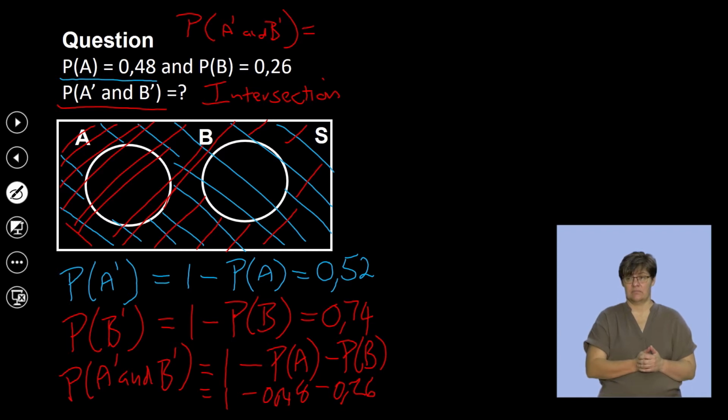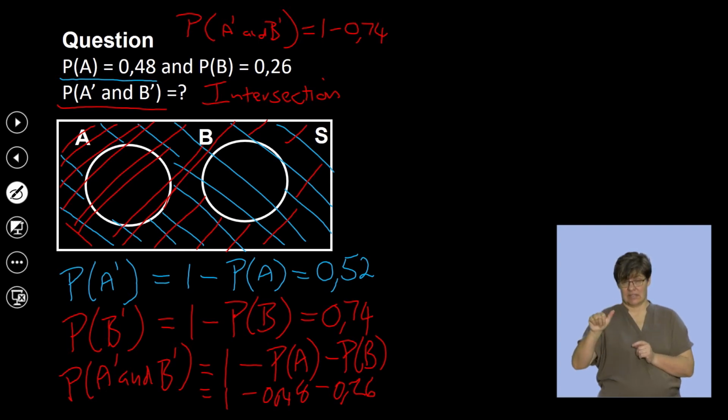And what I'm going to do is say that that is equal to 1 minus a total of 0.74. Okay, that's the total. If I've added 0.48 and 0.26 together, that will give me 0.74, and the complement of that is going to give me 0.26.